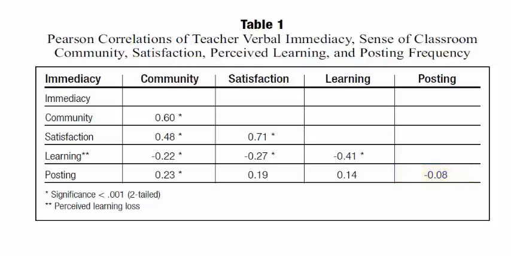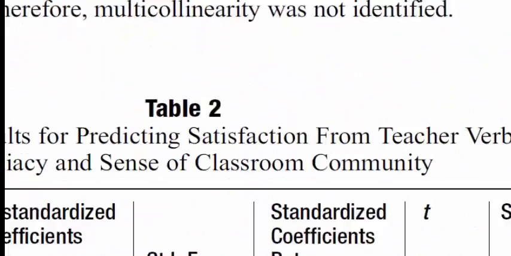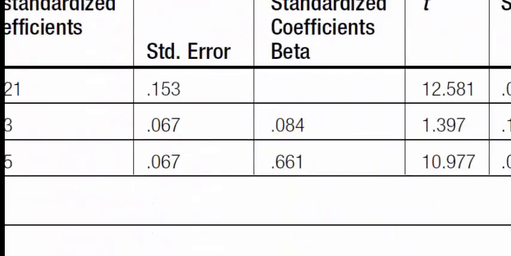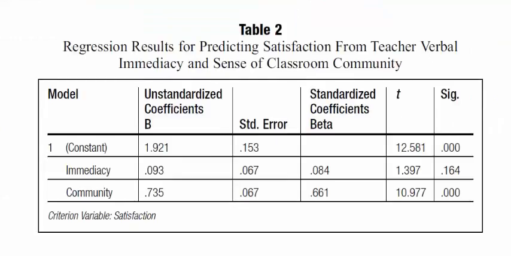So let's try this again, because I believe there's more correlations here. We haven't really talked about regression analysis, and I don't want to get into too much of that because that's a little more advanced. But if you see a table like this, you're always looking for statistical significance to understand the results.